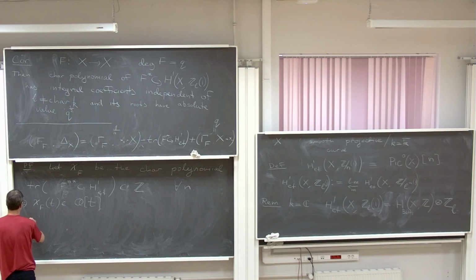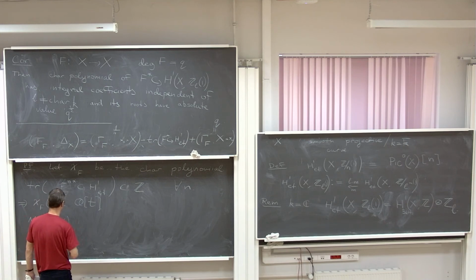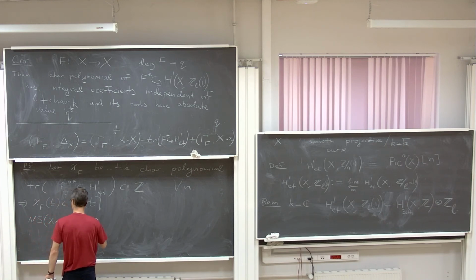So here I'm going to use the fact that the Néron-Severi group of every smooth projective variety, in particular of a surface, is known to have finite rank.